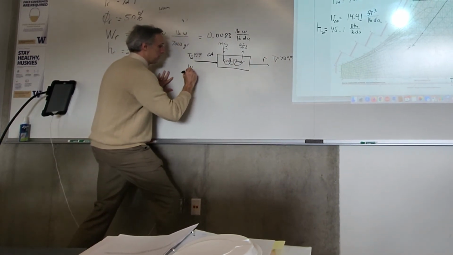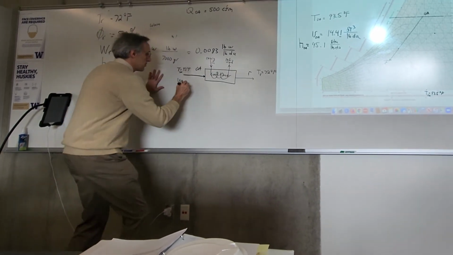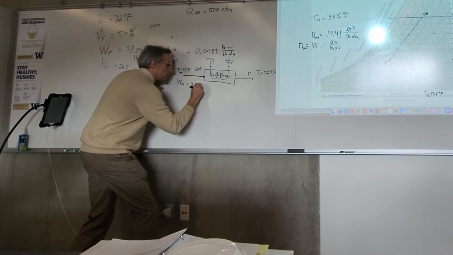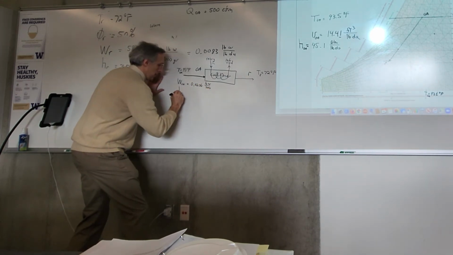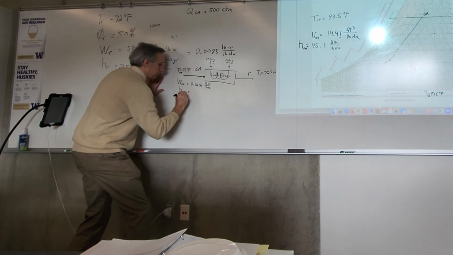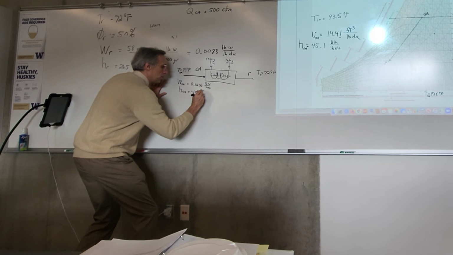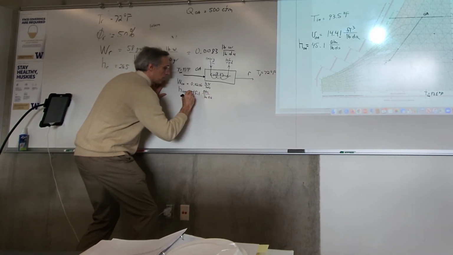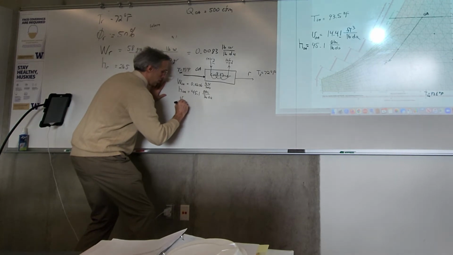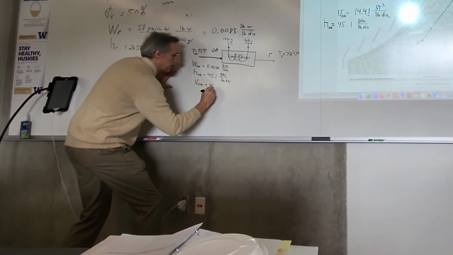And our moisture going in was 0.0206, and our enthalpy was 45.1, and our specific volume, 14.41.